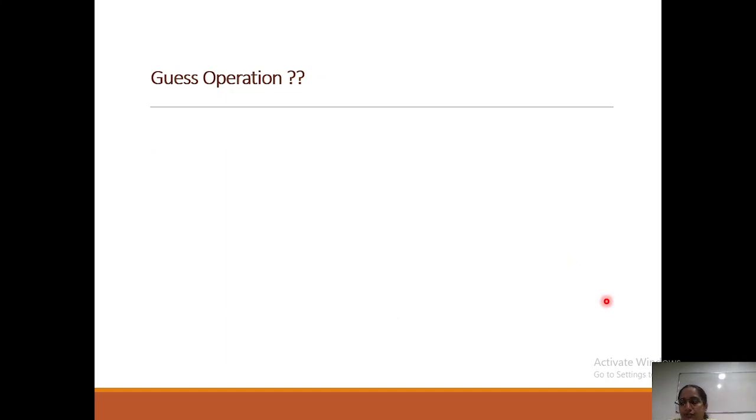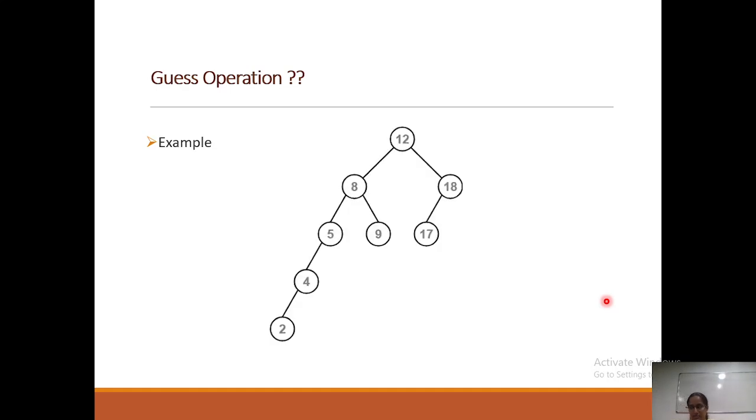Now take your pen and paper. You have to guess the operation for this tree. Which operation is required to make it an AVL tree? You have to calculate the height balance factor and check where the violation of the AVL property is.